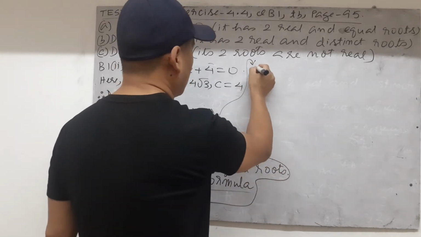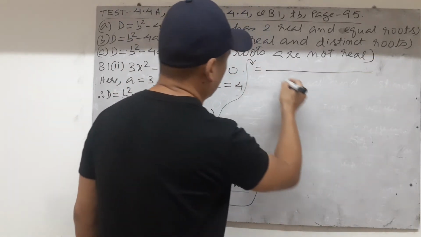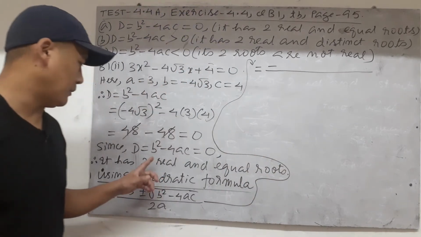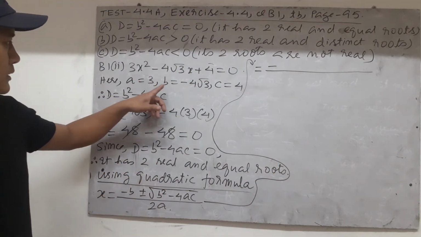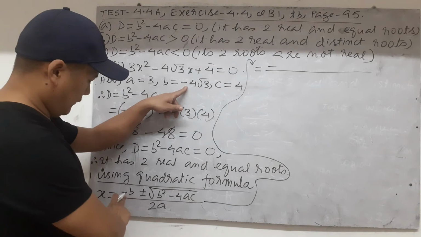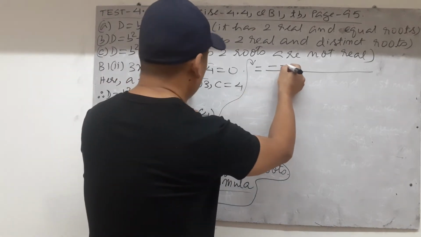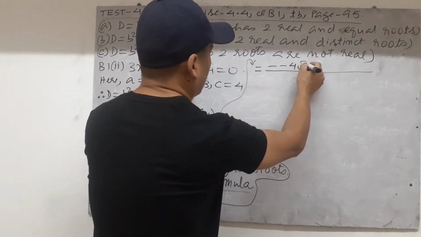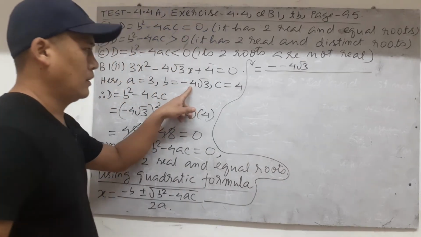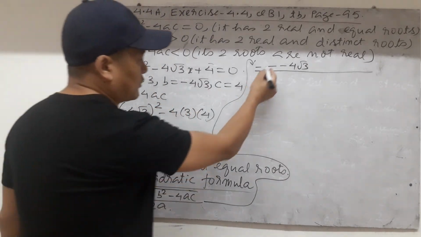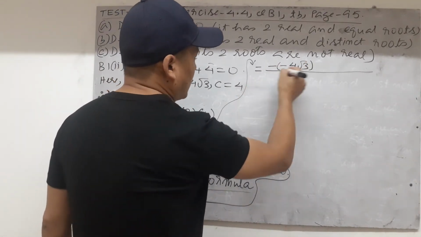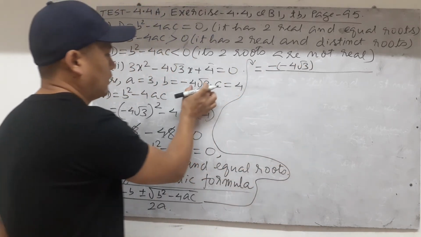So that gives x equal to minus b. Look up, and you see b is minus 4 root 3, and the formula has another minus, so you write minus minus 4 root 3. You can put brackets between these two minus signs, so minus b.